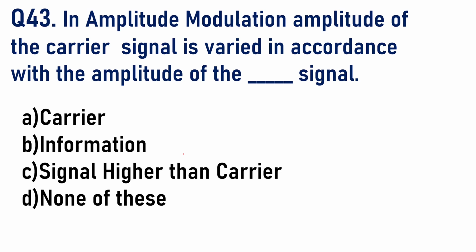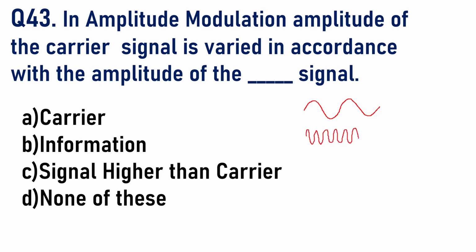Here, if you remember amplitude modulation, we will have an information signal which we have to send from one point to another, and to do that we require a high frequency carrier.